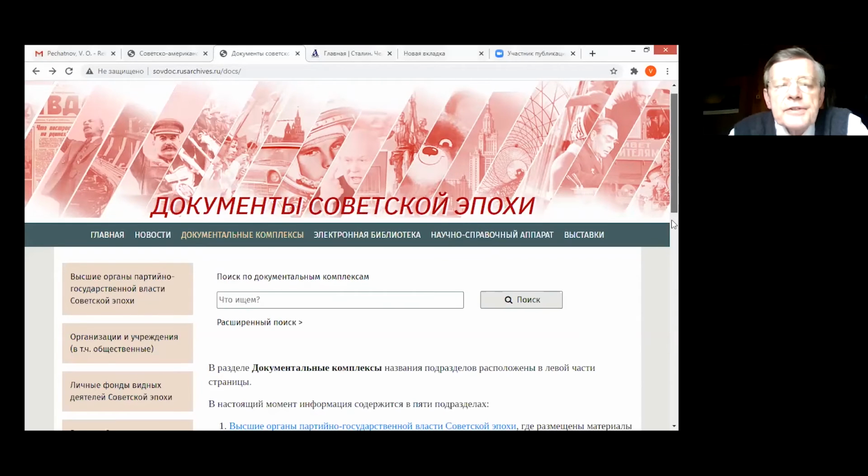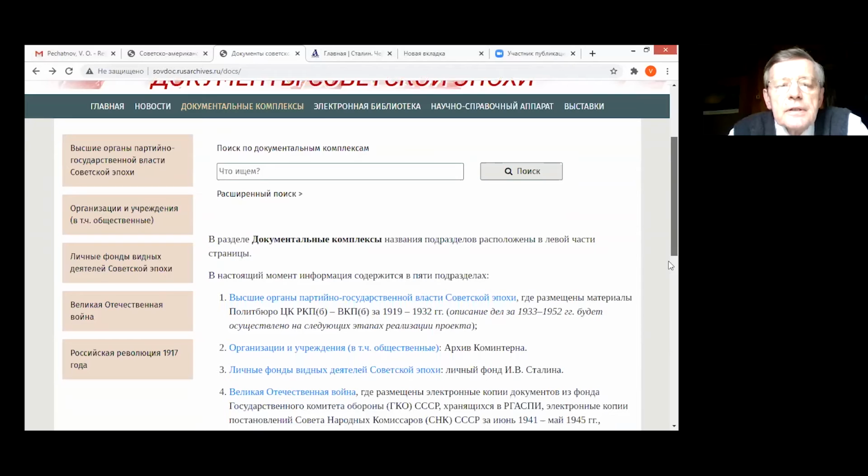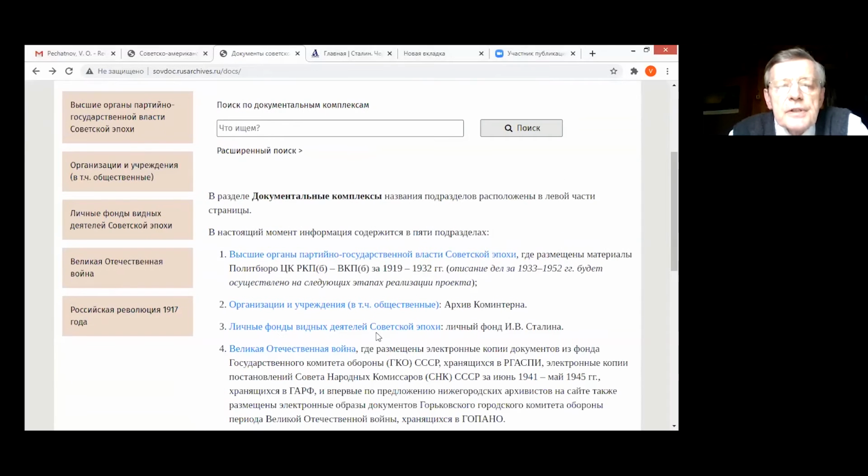You look for Stalin. There are actually two funds. One is the Stalin Fund in this rubric, and there is a new edition on the Great Patriotic War, which has some interesting documents on the State Committee on Defense, which was the supreme governing body, and on the Council of People's Commissars, which is essentially the government for the war period. But mostly it's about the war economy and economic mobilization.